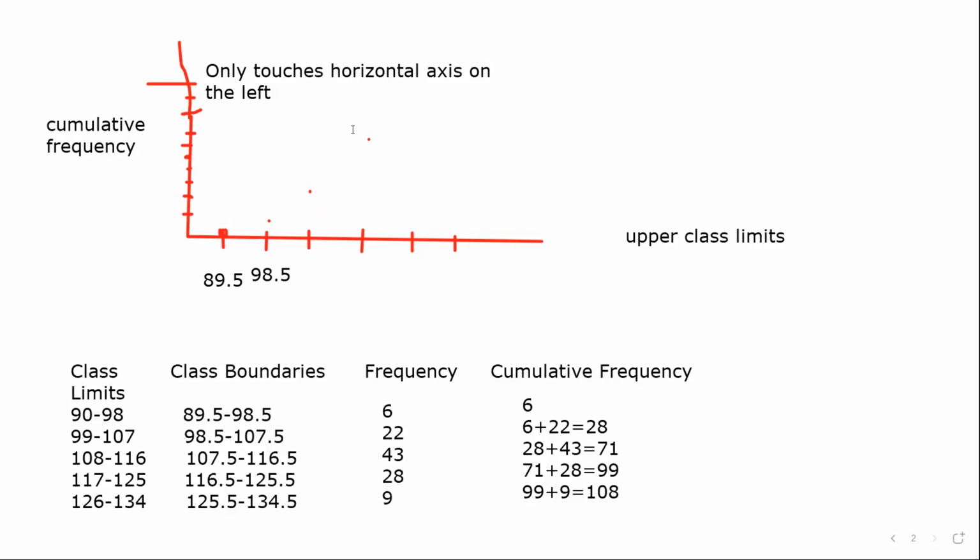Now I need my 125.5, which is going to be at 99. So here I have 10, 20, 30, 40, 50, 60, 70, 80, 99 is about there. And so I'm going to say that that's about here.